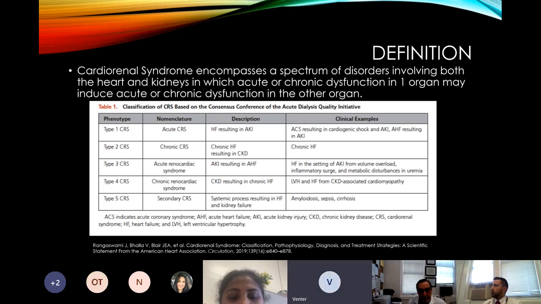Oh, that is true. There's so much overlap of 1, 2, 3, and 4 that it's sometimes very difficult to delineate them. And it is true, we do have this agreement that comes from nephrologists, cardiologists, and critical care physicians.